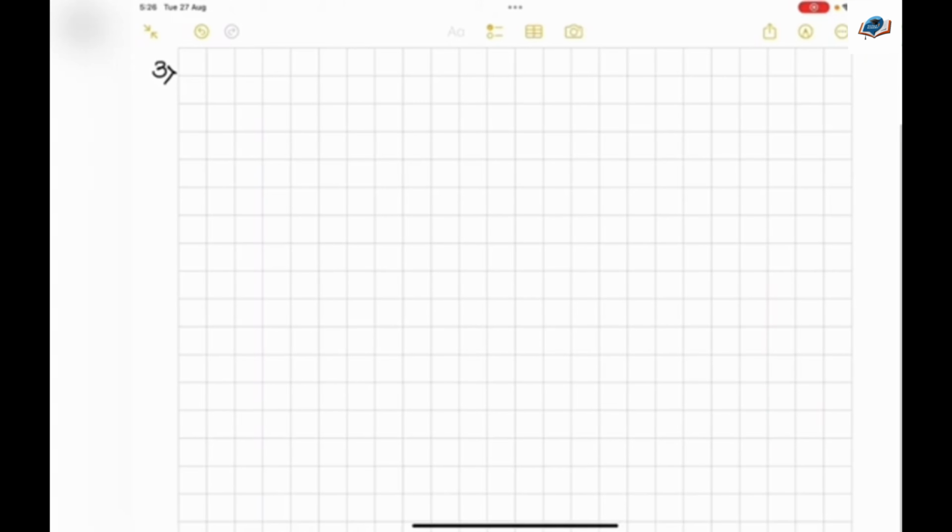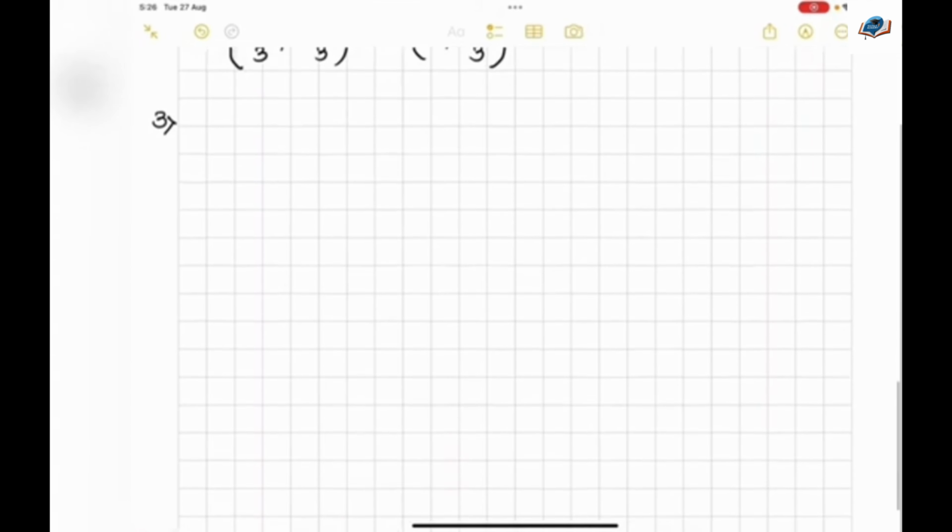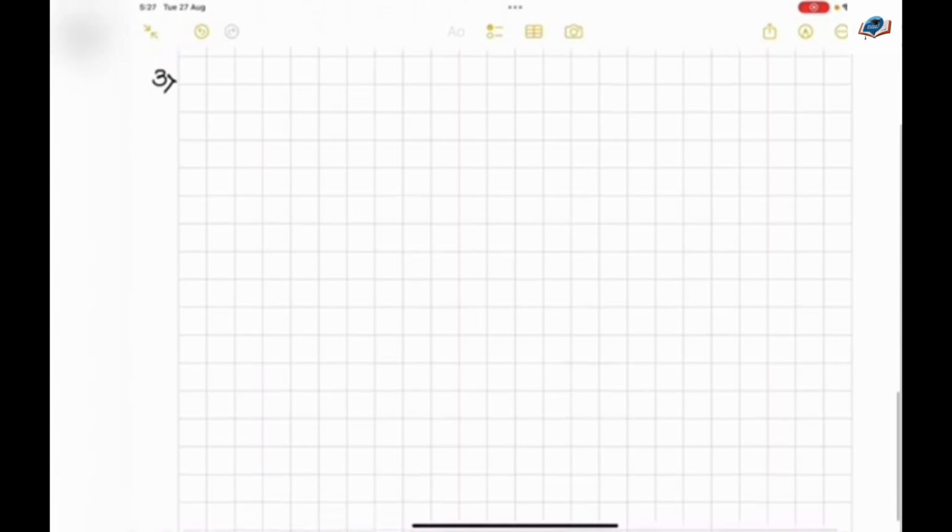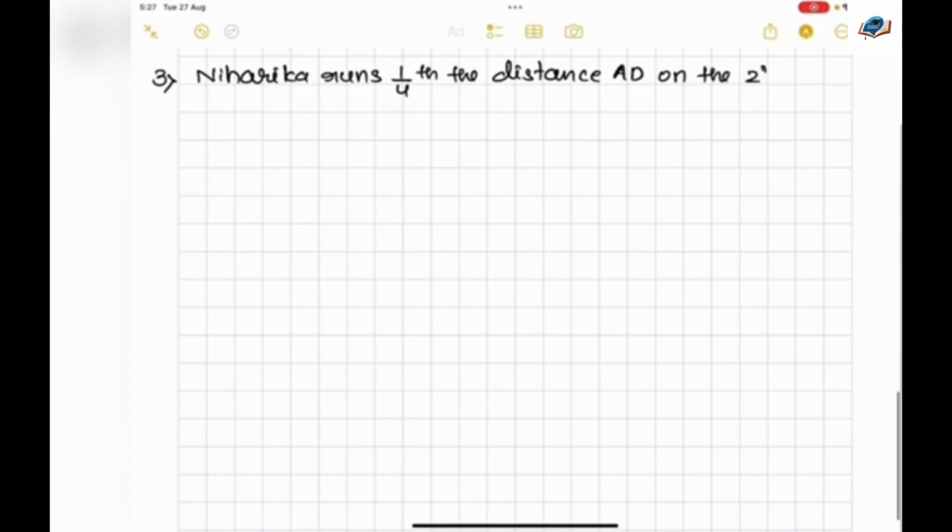So now coming to the answer of this. See, first it says Niharika runs 1/4 distance. So Niharika runs 1 upon 4th the distance AD on the second lane and posts a green flag.